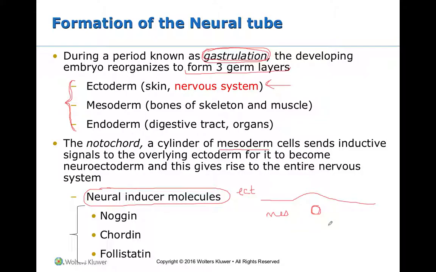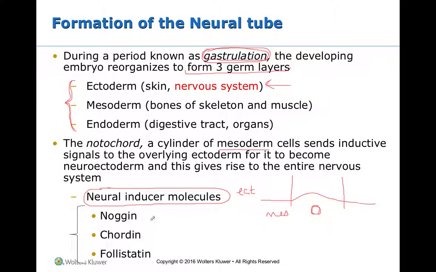If you didn't have something tell the ectoderm to become skin versus nervous system, what would happen? Well, there would be some incredible dysfunction, and you probably wouldn't exist. So a part of the ectoderm that will become nervous system is known as the neuroectoderm.